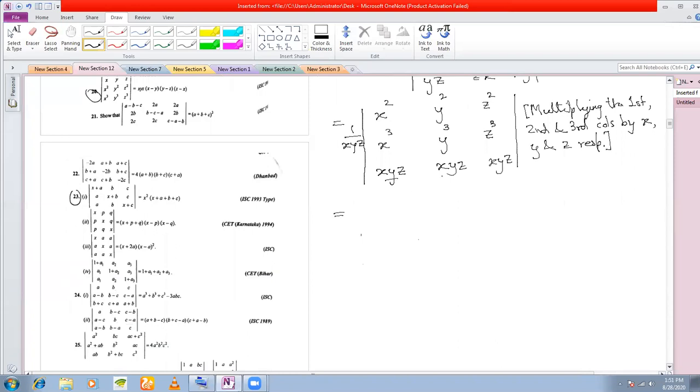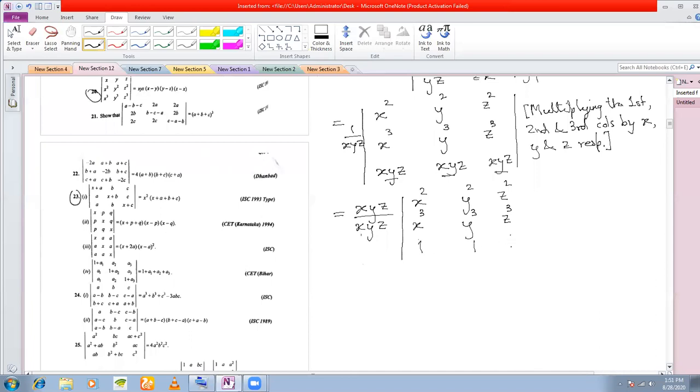I can take this xyz, this xyz, this xyz out of the third row. So I take xyz out. I get xyz by xyz into x square, y square, z square, x cube, y cube, z cube.